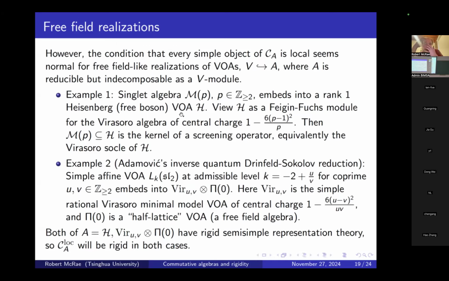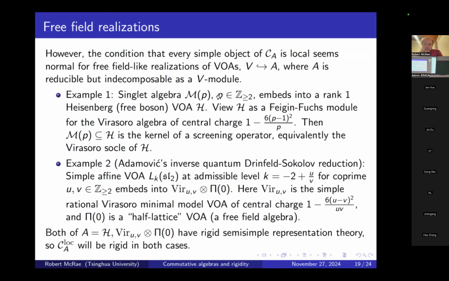So this VOA H is well known to be a nice unitary VOA with semi-simple representation theory with central charge 1. However, you can deform the conformal structure. This is what Feigin and Fuchs did. And they found a Virasoro module structure on H of any central charge.